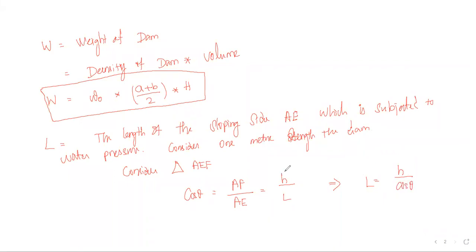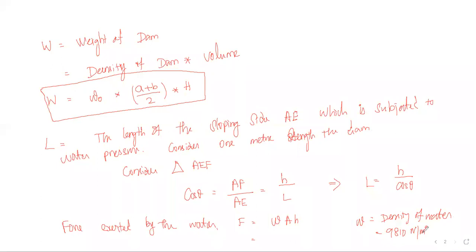Next, the force exerted by the water, that is F is equal to W into A into H. We all know that, where omega is the density of water, which is nothing but 9810 Newton per meter cube or 9.81 kilonewton per meter cube.